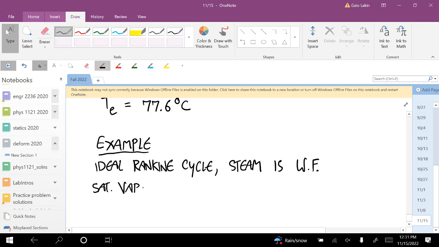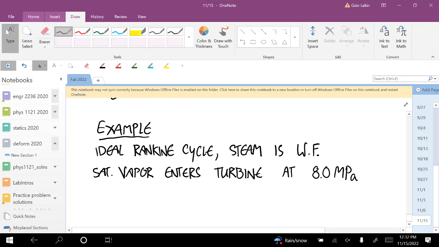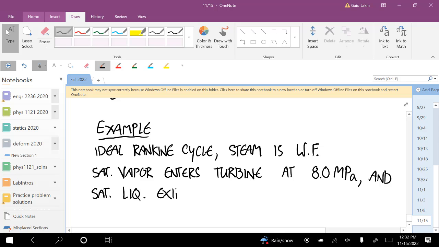Saturated vapor enters the turbine at 8.0 megapascals. And saturated liquid exits the condenser.